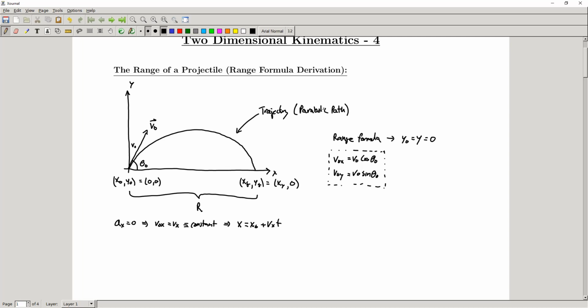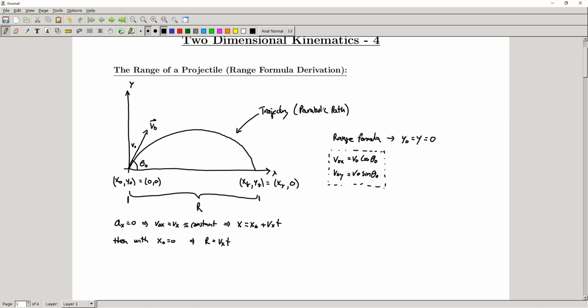And so if we take our initial x coordinate to be 0, and we take our final x coordinate to be our range, right? Because our range is going to go from x naught to x final, and so that's going to basically be R. That's the range that we're looking at. If that's the case, then by substituting in R for our x value here and setting x naught to 0, we can write R is equal to vxt, right?